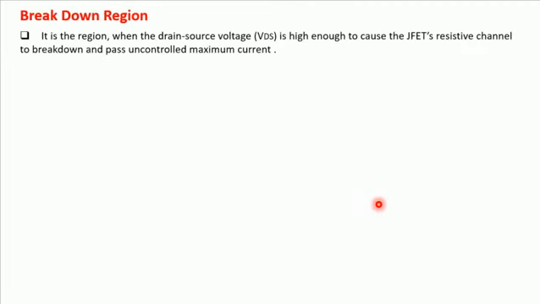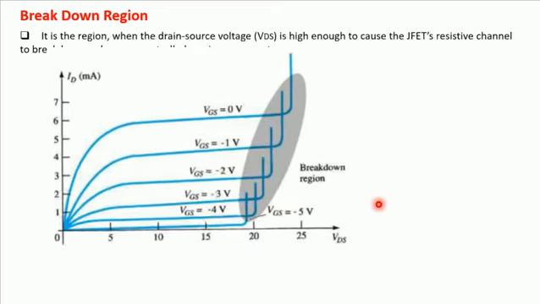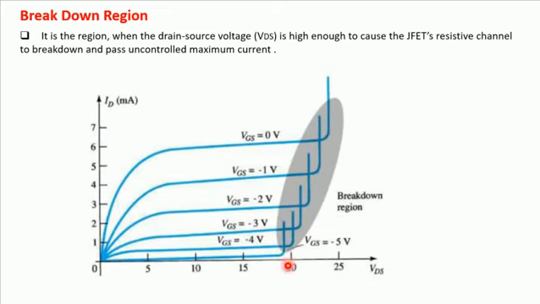As we can see in the figure, this is a kind of breakdown. After a certain increase of VDS, the breakdown region is available in the IV characteristics. After this increase in the drain to source voltage, considerable breakdown can be seen at the JFET terminals.